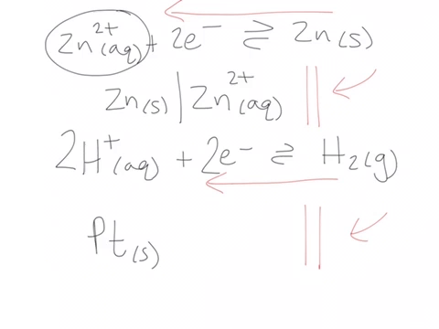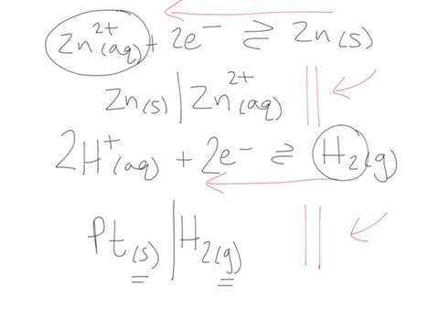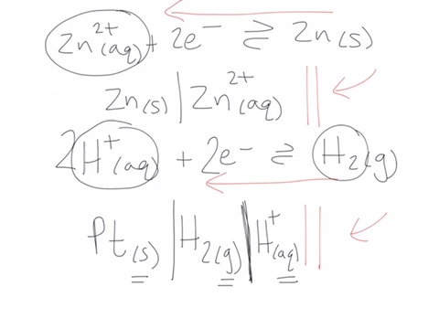So what we would have next is actually the hydrogen. So we'd have a line here, we'd have the hydrogen, which is a gas and obviously is in a different phase to the solid, and then this would be going to the hydrogen ions, which are aqueous, so we have again a different phase here, and we would have the H+ ions there, which again is in a different phase to the gas, so we have a line here again.